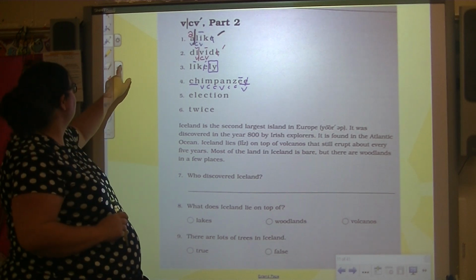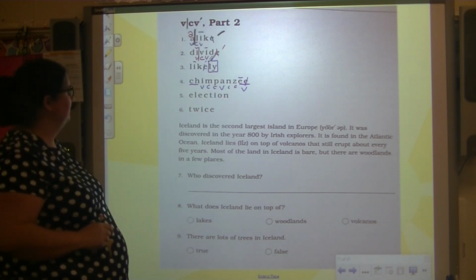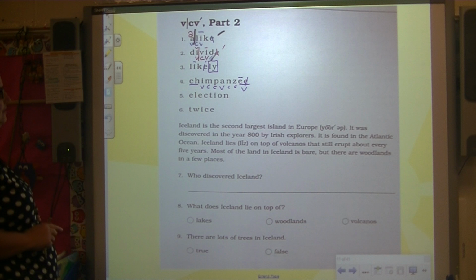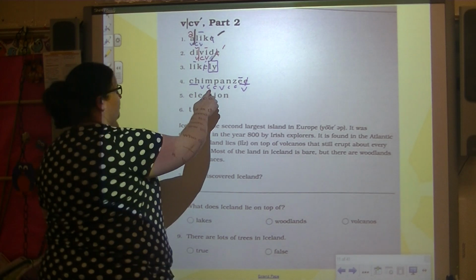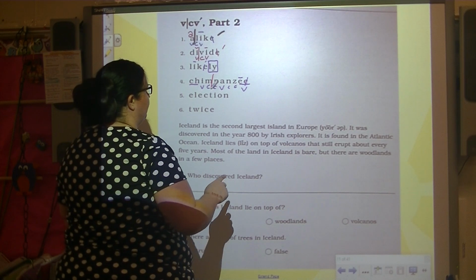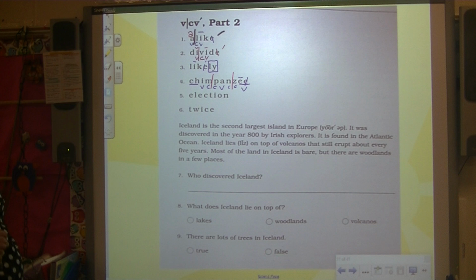So where do we need to divide, guys? Divide between the two consonants. Now let's see if we can sound it out.